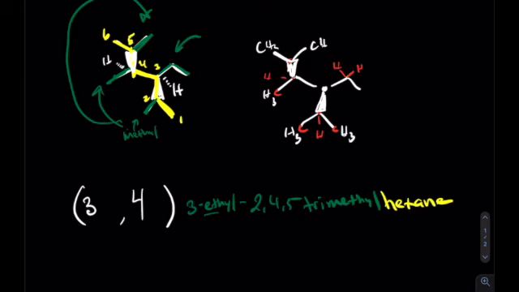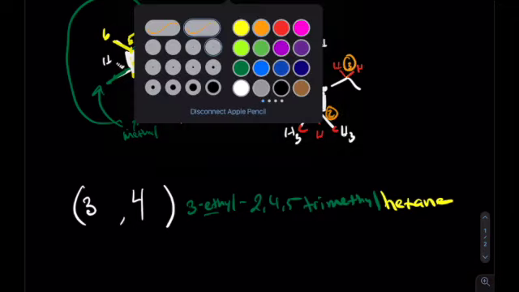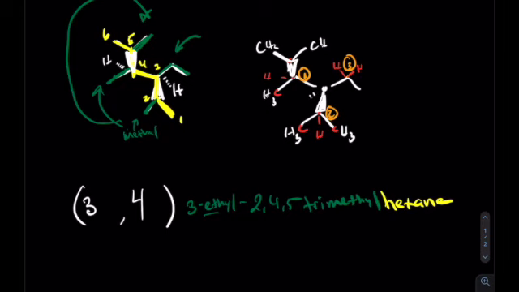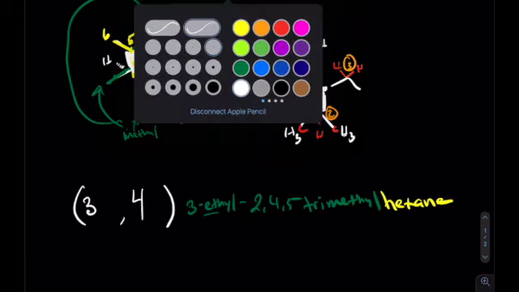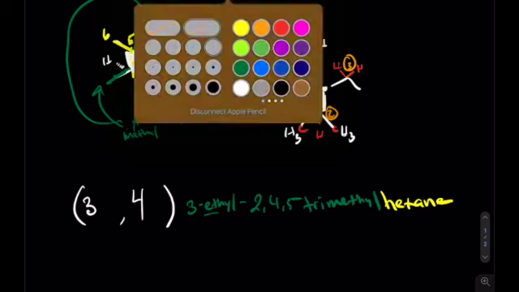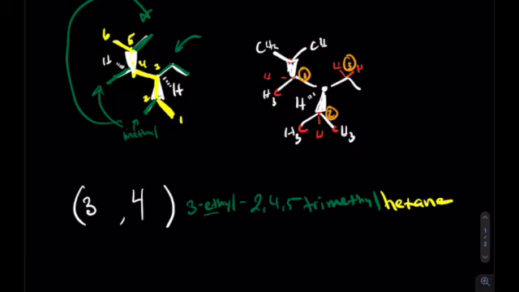So that gives us our priority. This must be the highest priority, followed by this, followed by that, and then the unwritten hydrogen that sticks down in the back, okay?